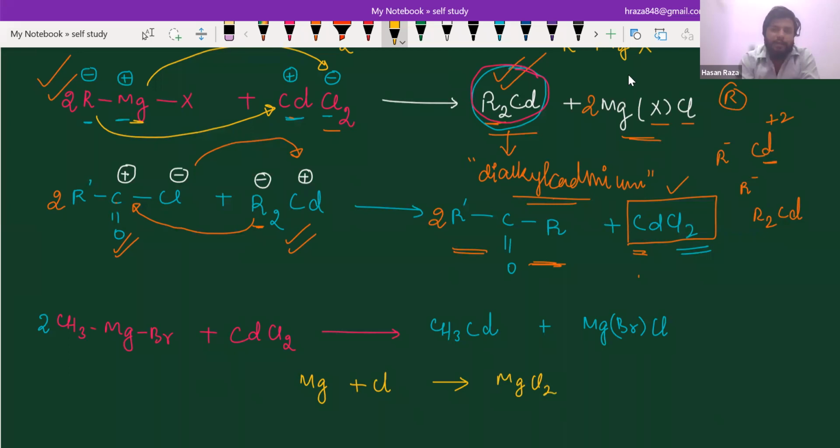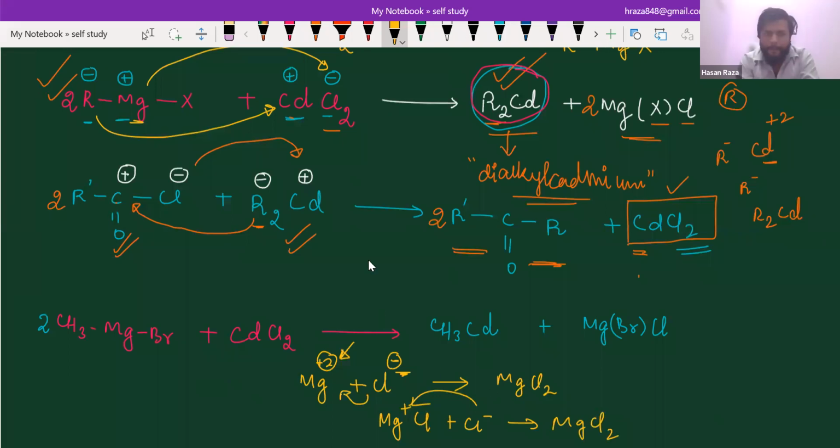As you know, magnesium has +2 and chlorine has only one negative. If they combine, one negative charge will neutralize one of the +2 charge on magnesium, but then +1 will be left. Then again one chlorine minus will come and neutralize it, and then form MgCl2. Are you getting my point?